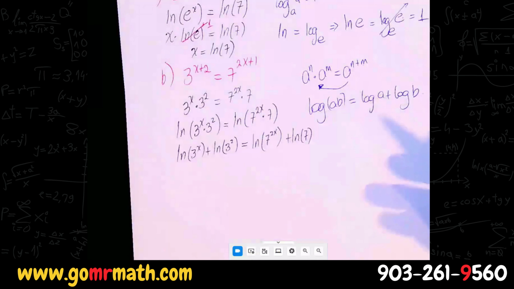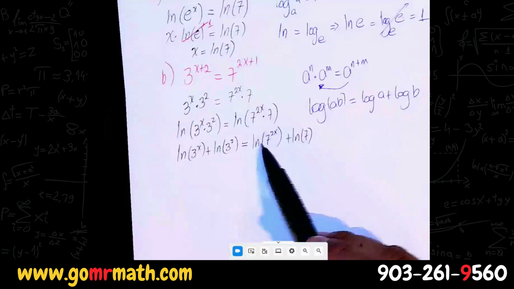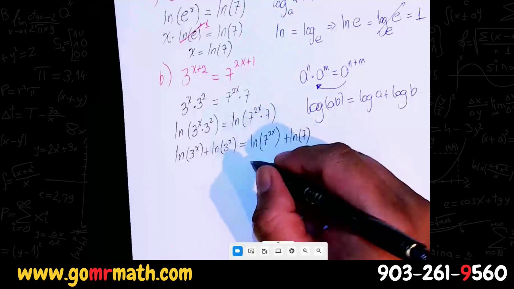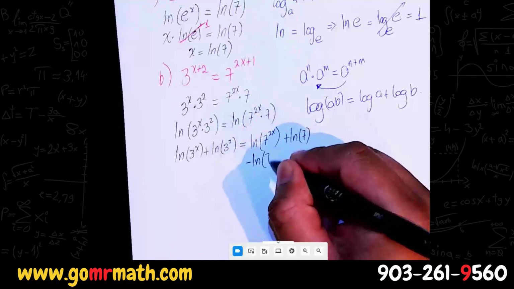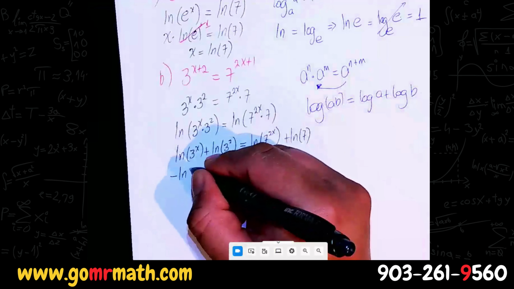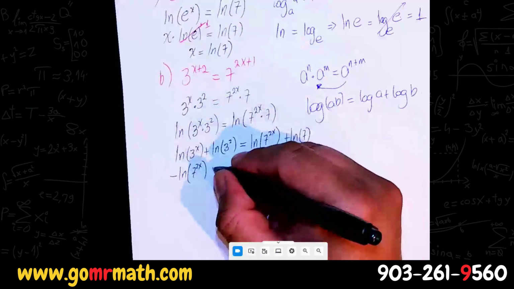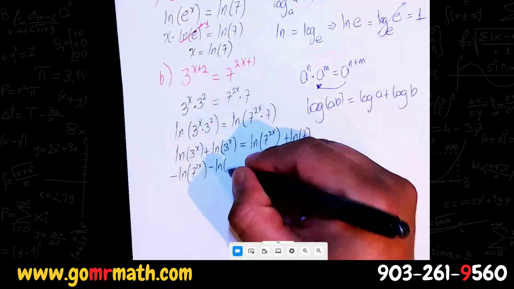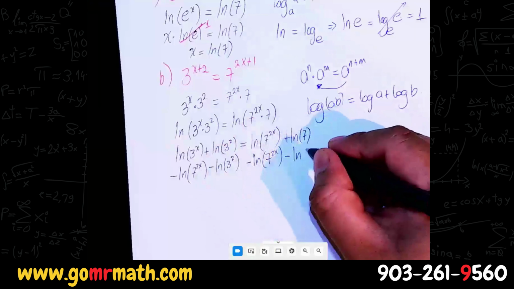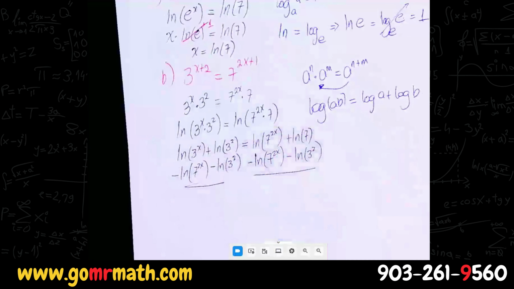What we can do is pass the expression that contains x to the left side. Let's subtract the natural logarithm of 7 to the 2x on both sides, and also subtract the natural logarithm of 3 squared on both sides. What's going to happen here?